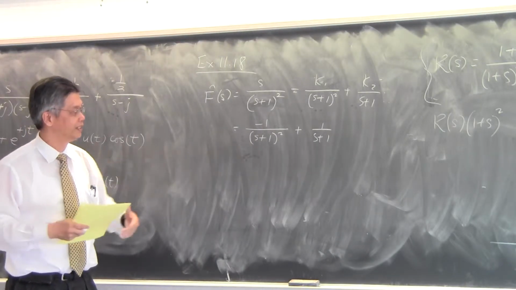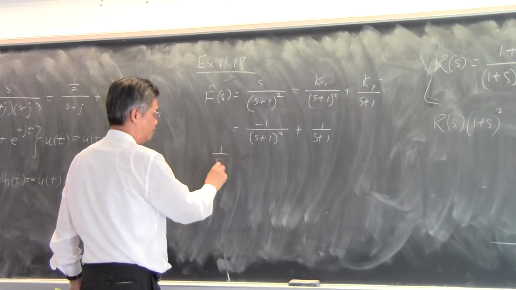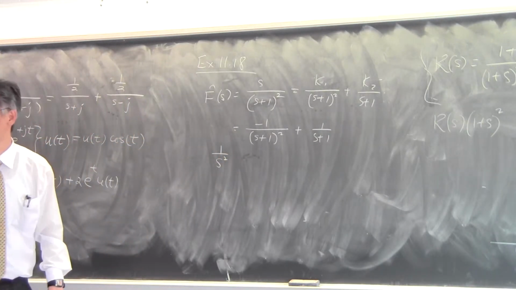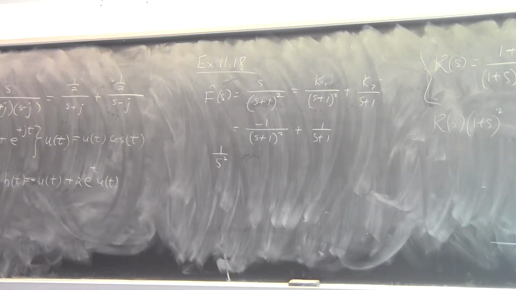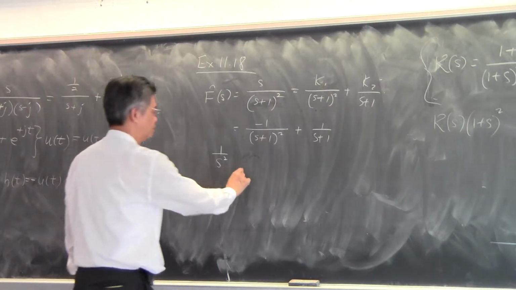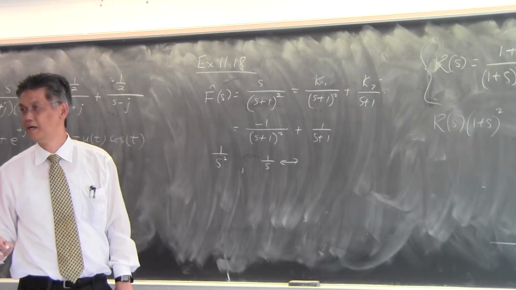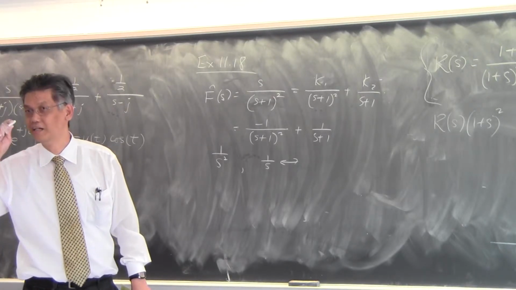And what is the Laplace inverse transform of 1 over s squared? Does anybody remember? 1 over s is the Laplace transform of what? 1 over s, Laplace transform to what? 1. 1?